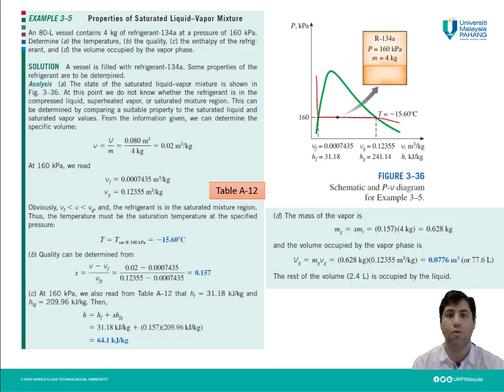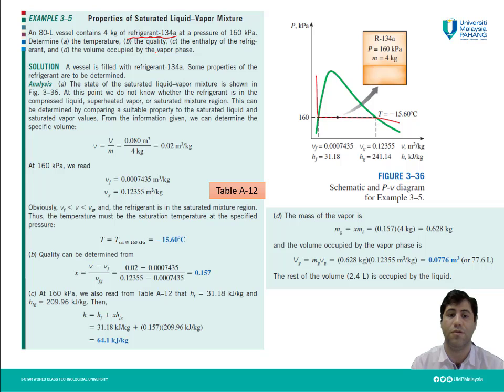In this example, we will see how we can use the properties table for different substances. Here the substance is different. It is refrigerant 134A, which is an important refrigerant.